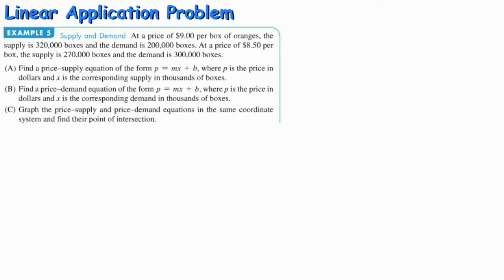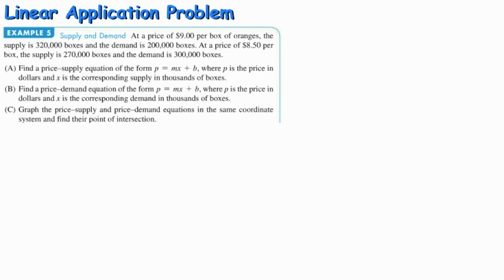Example 5 is a linear application. So we're going to use some business application with the mathematics we're reviewing. It states at a price of $9 per box of oranges, the supply is 320,000 boxes and the demand is 200,000 boxes. If the price is at $8.50 per box, then supply is 270,000 boxes and demand is 300,000 boxes.